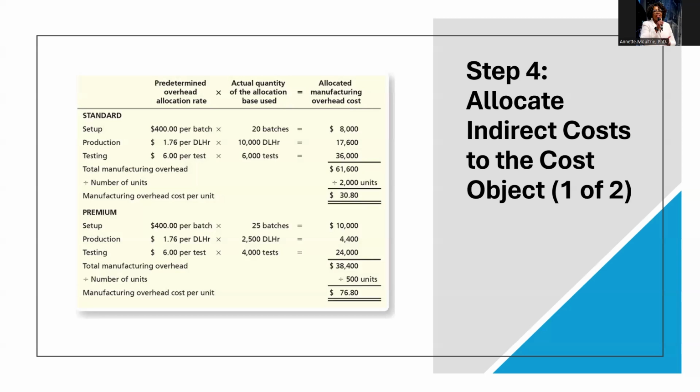So the manufacturing overhead cost per unit for the standard is $30.80 right here. And the manufacturing overhead cost per unit for the premium is $76.80.